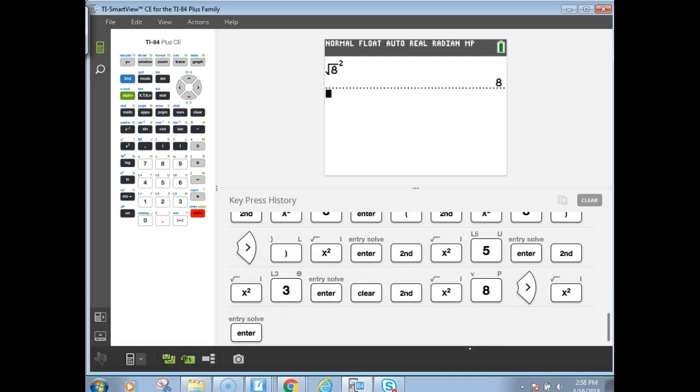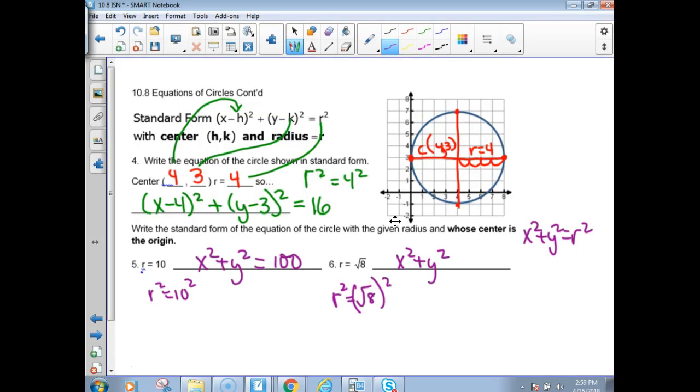You'll find out that that is 8, because square root and squaring are inverse operations. So this would equal 8. x squared plus y squared equals 8 is the equation. So if you get a radical radius, when you square it, it'll just be the number under the radical, unless there's a number out front, and I don't want to get into that right now.